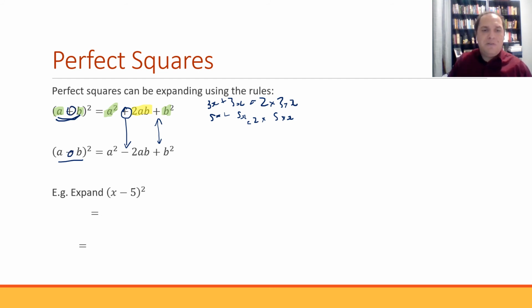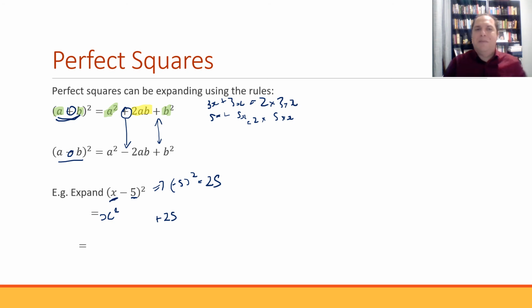All right, so let's use this rule. And we want to expand x minus 5 all squared. So using our pattern, we square the first term. That's x squared. Okay, 5, we're going to square that. That is 25. What we're really doing there, students, is saying negative 5 squared actually equals positive 25.